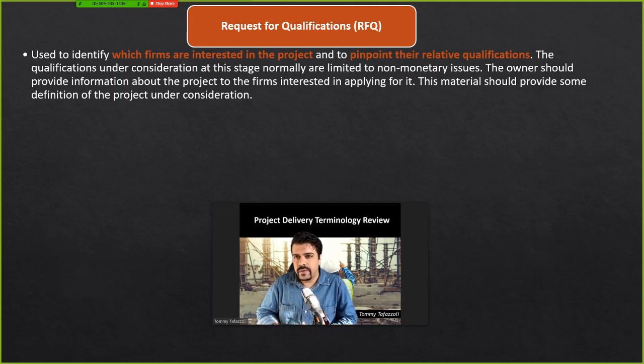So it means before anyone who is interested qualifies to submit a bid package, because that would be very difficult for the owner to study the bid packages that are submitted by a lot of contractors. So this is a tool to narrow down the potential bidders to only those who are qualified based on the project requirements and based on the owner expectations.